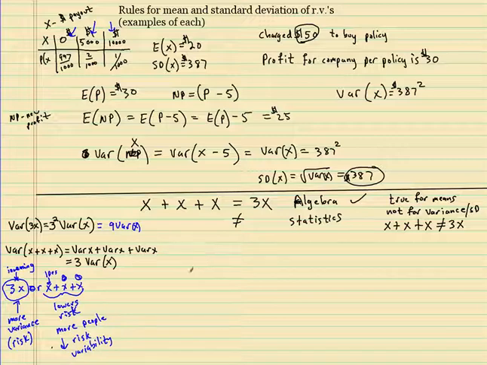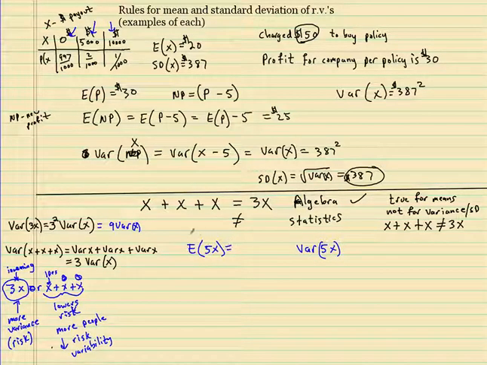Okay, so we'll do an example like that, and we'll change it to 5. So let's say you increase your premiums by 5 times. So what's the expected value of 5x, now I'm doing a multiplication, and I'm looking for the variance of 5x.